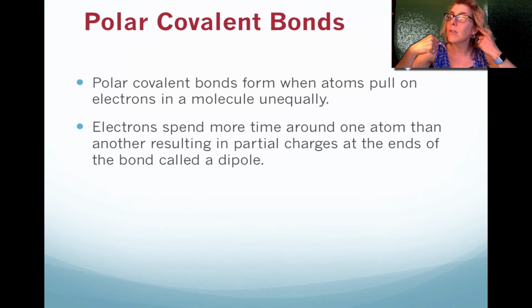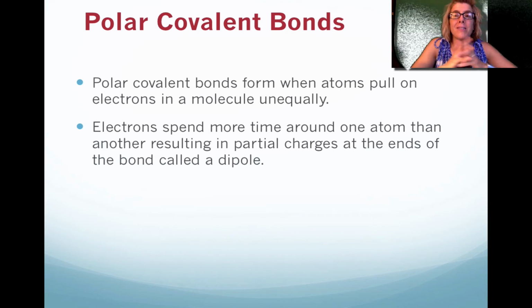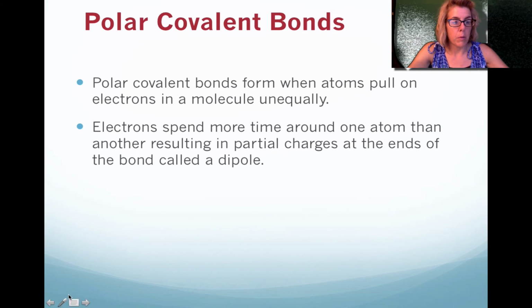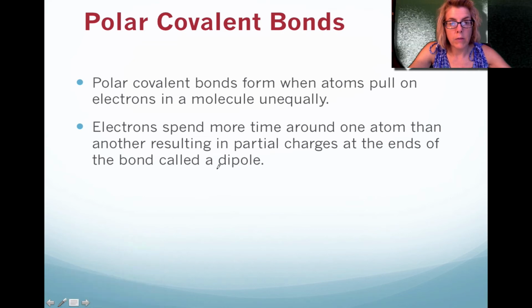So as a result, there's a greater negative charge towards oxygen, and a partial positive charge on the hydrogens. And as a result, we call this a dipole. So when you have unequal sharing of electrons, you have a dipole that results from that.